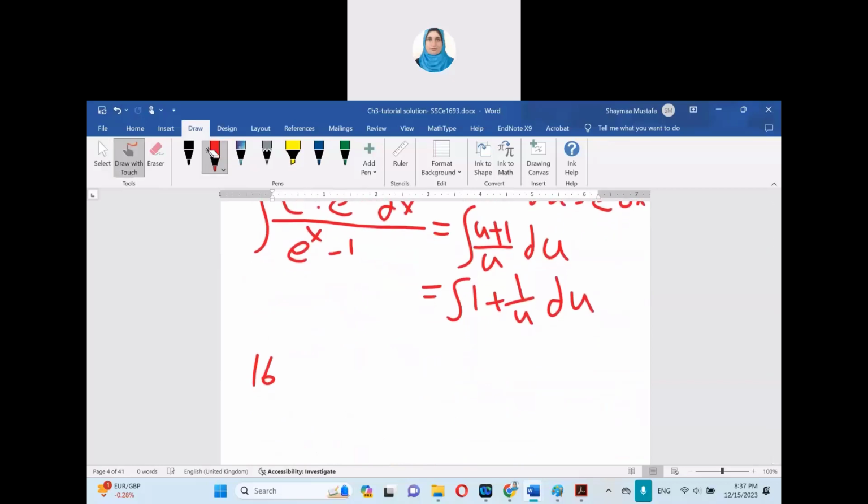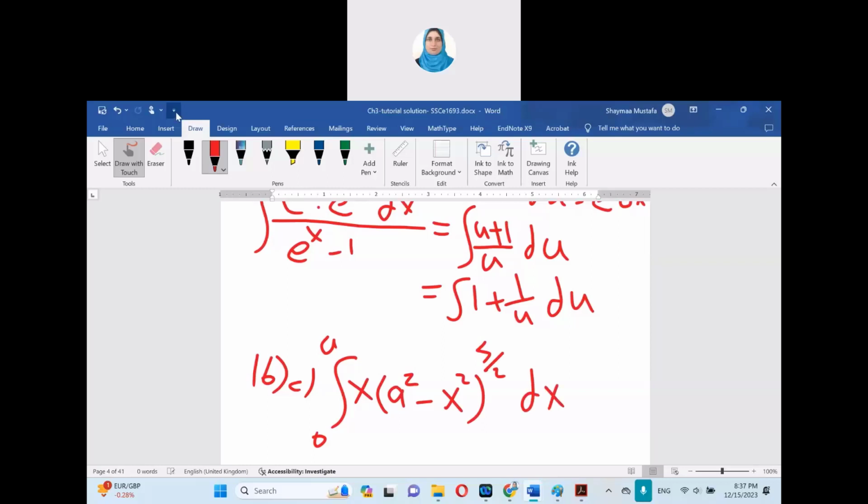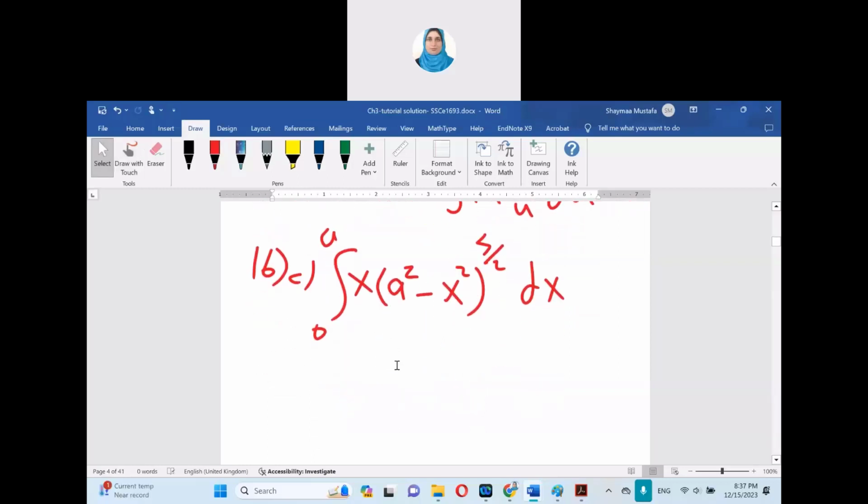Okay, 16c, we need to integrate from 0 to a, x squared minus x squared to the 5 over 2 dx. So what we need is to take u equal to a squared minus x squared. Take the substitution, a squared minus x squared.